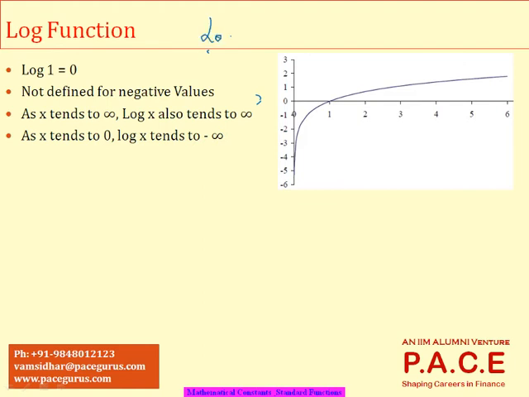One is represented by log, and the other is represented by ln. ln means natural logarithm, which is the most common version of the logarithms which we use, whereas log is called the common logarithm. But the most heavily used logarithm for all our finance related calculations is the natural logarithm, ln.